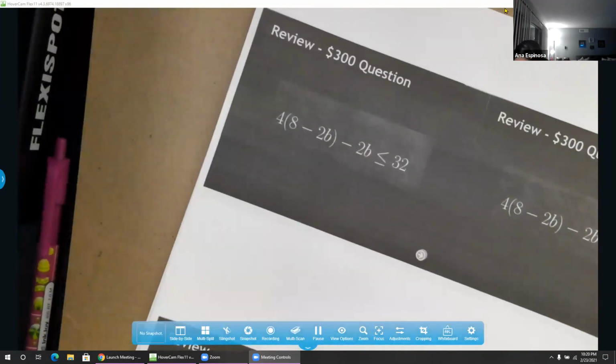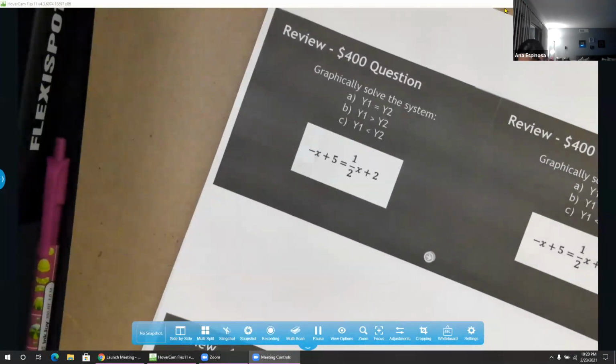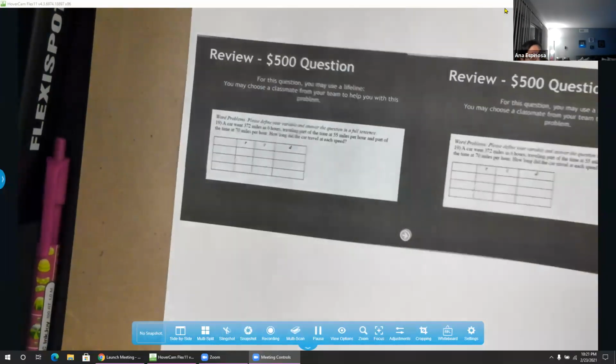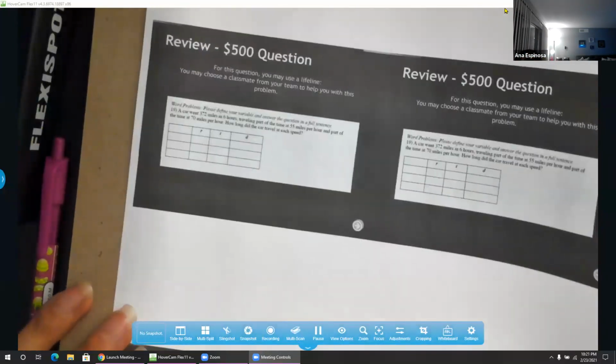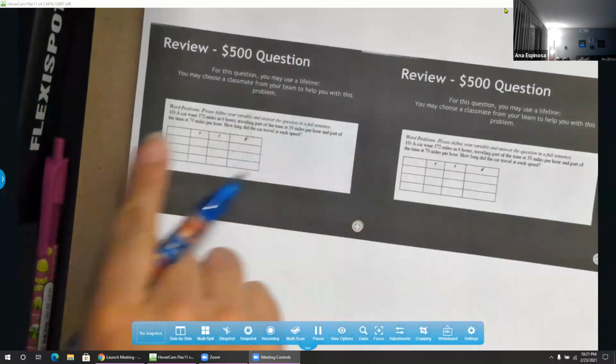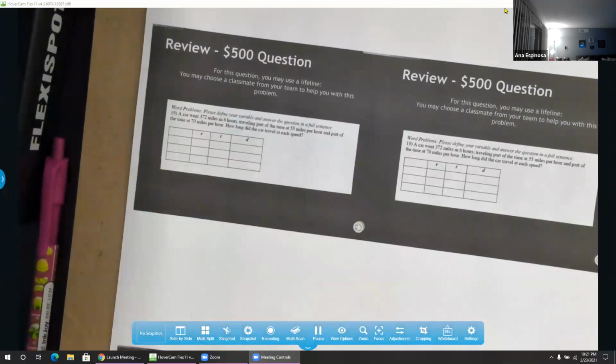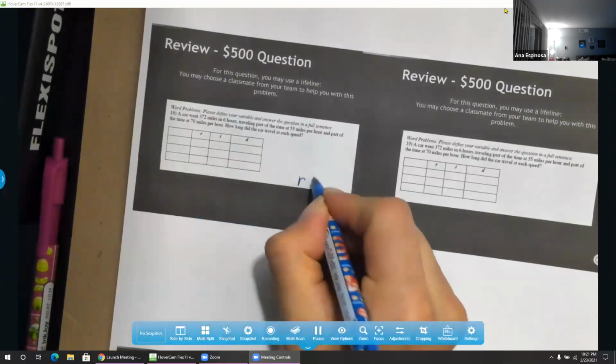All right, the review questions I'm not going to go over. However, I did want to go over the last one, which is a word problem. So what I have here is a table, and you guys are welcome to use it. The formula is RTD.